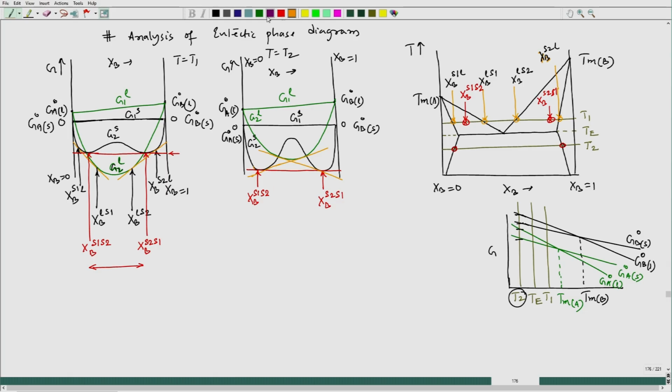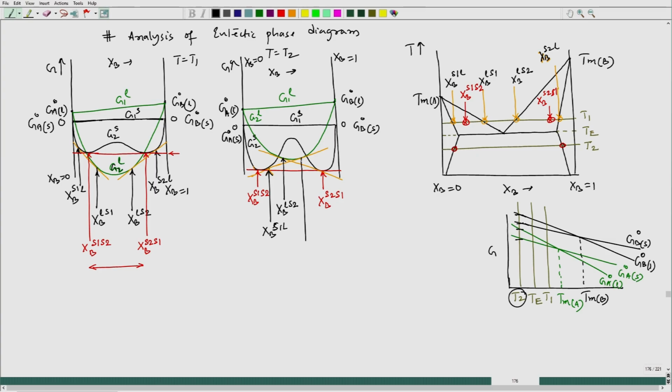Now, let me mark those compositions. This is one composition, this is XB of composition liquid, this is solid 1, because solid 1 is in equilibrium with liquid. We have one more composition there, which is Xb composition of liquid in equilibrium with S2.